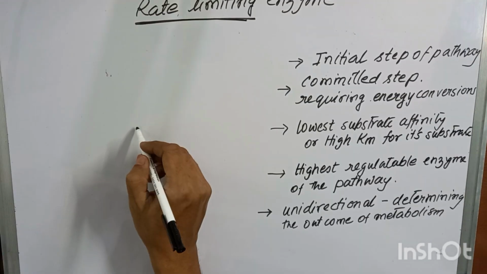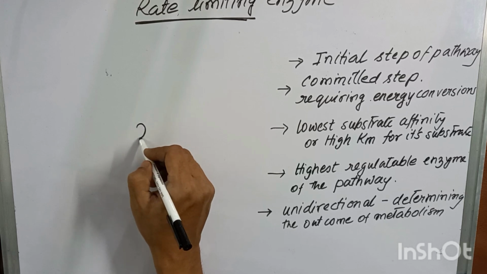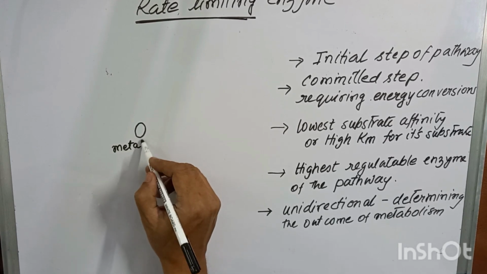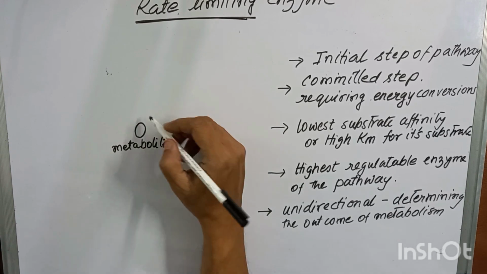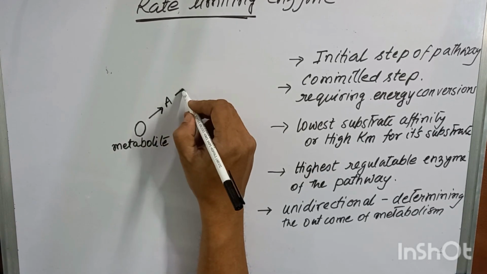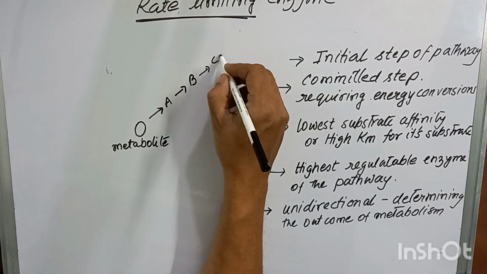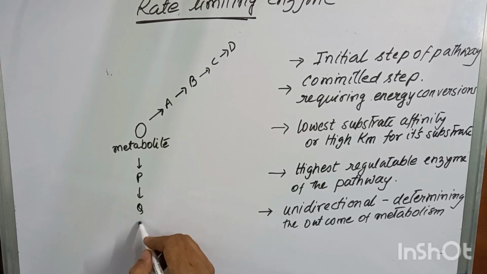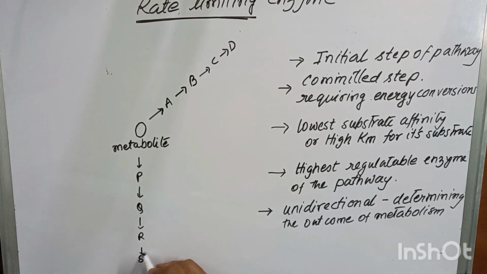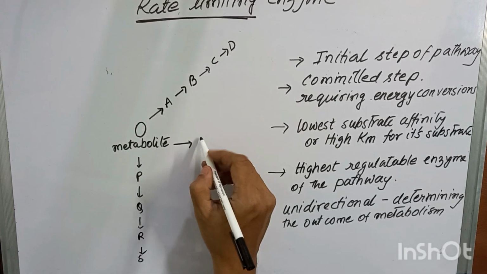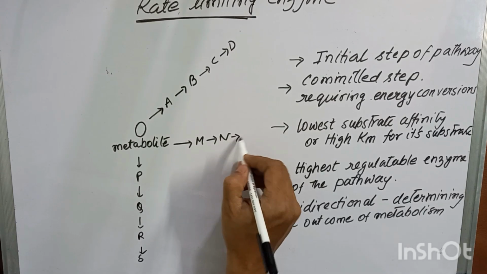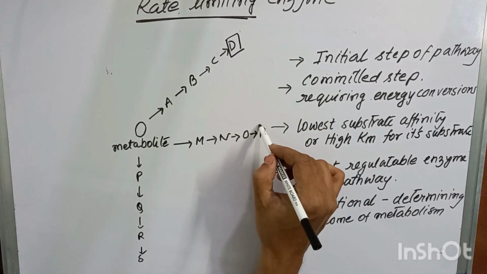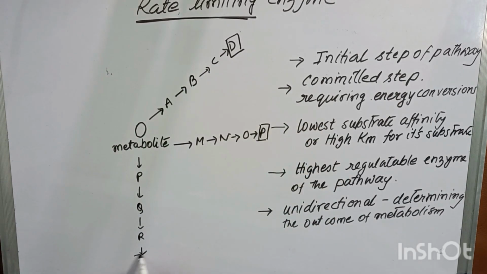Say there is a central metabolite which we call O. From O there can be different radiating pathways: from O to A, B, C, D. From O there can be P, Q, R, S. There can be another pathway from this metabolite, say M, N, O, P. And these are the end products of the metabolites.